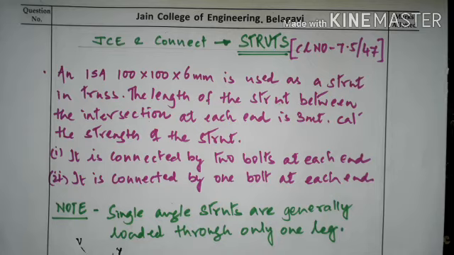So in double angle strut there are again two categories: double angle placed on opposite side of gusset plate and double angle placed same side of gusset plate, that is back to back same side and back to back opposite side of gusset plate. So you will come to know when I explain with sketch what is same side and what is opposite side.